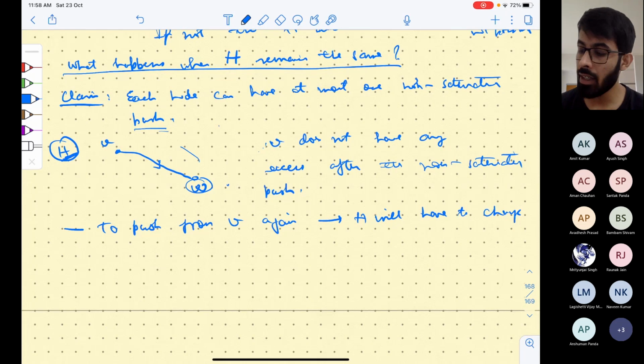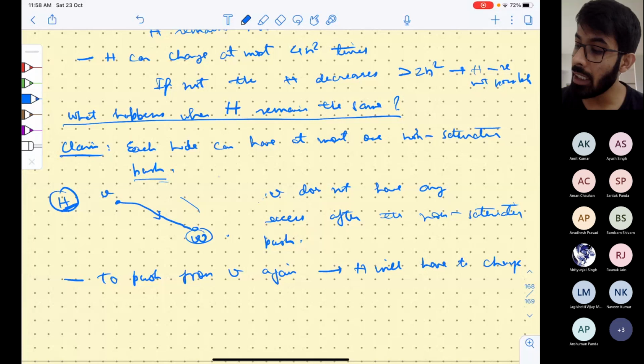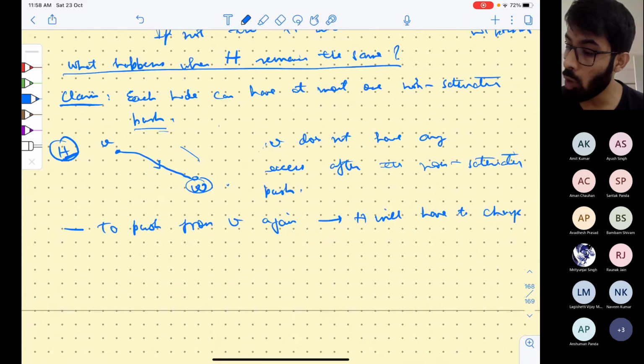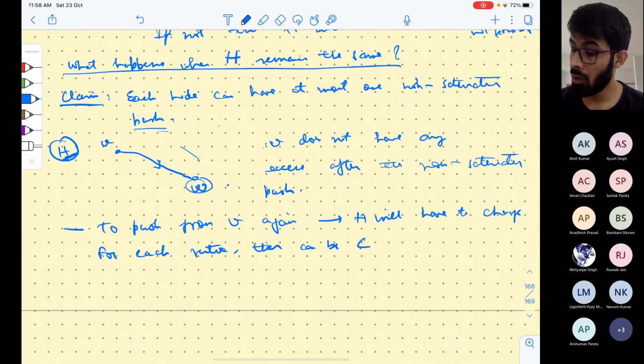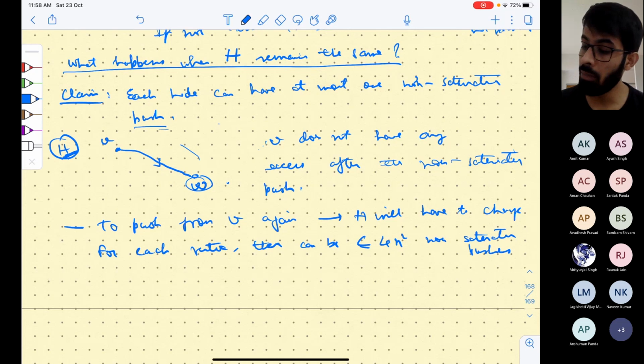And that's it. We know how many times h can change? h can change at most 4n square times. And when h remains constant, we can push at most once, right? So for each vertex, there can be at most 4n square non-saturating pushes throughout the algorithm.